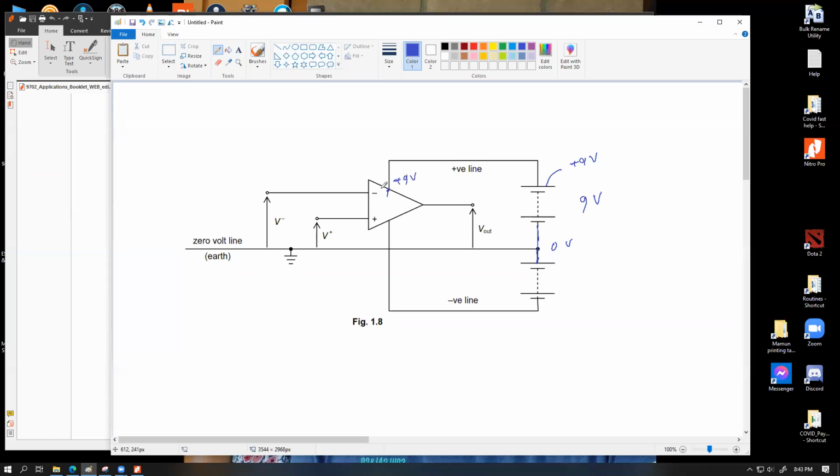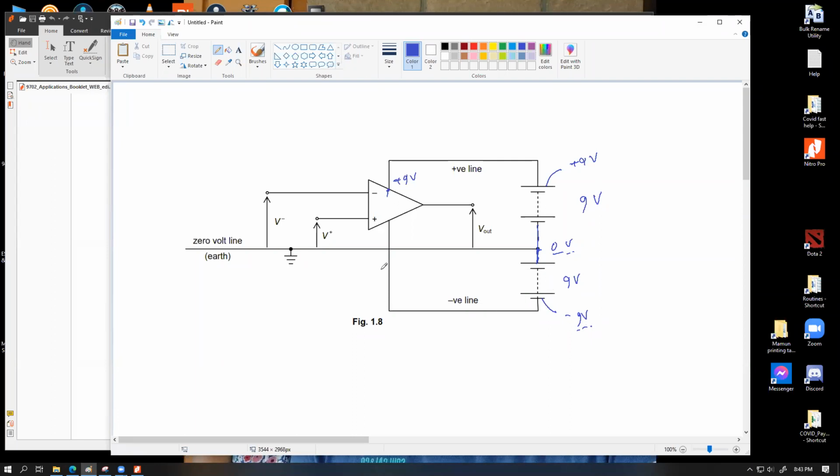We need to provide an equal amount of negative supply on the other side as well. So what are we doing? We're taking another battery. This is also 9 volt. We've connected the positive end with the ground line, which means the negative side is now becoming minus 9 volt because the difference between these two plates has to be 9 volt. This is the high voltage side, which is defined to be 0 volt, so the low voltage side has to be minus 9 volt.